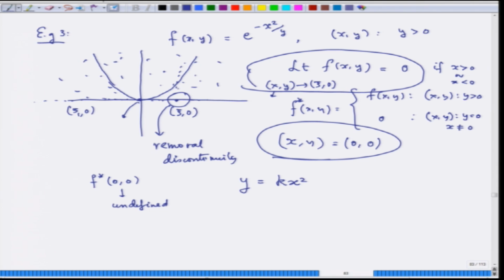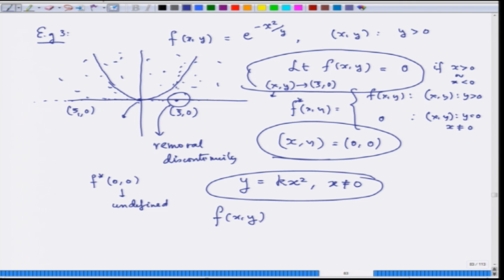For x non-zero, I am having y non-zero. Now what is f of (x, y) in this case? When I put y as this, it is e to the power minus 1 by k. So this limit for various k's is just e to the power minus 1 by k.